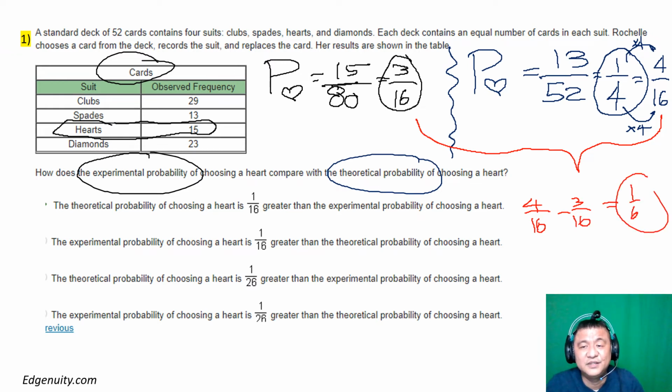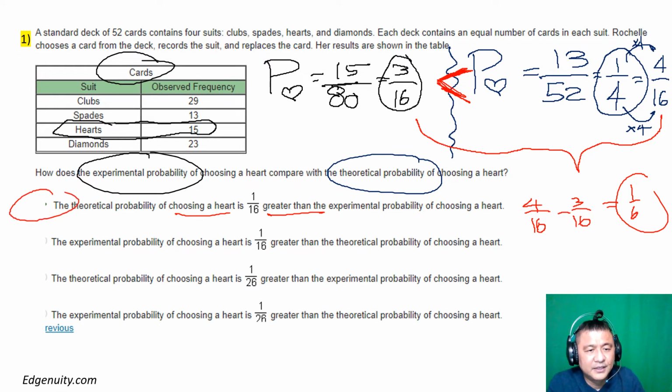Oh, the difference. The theoretical is greater than the experimental. The theoretical probability of choosing the heart is 1/16 greater than the experimental.